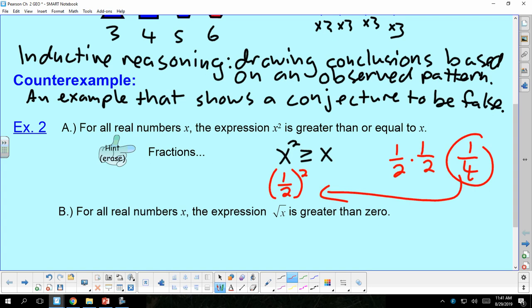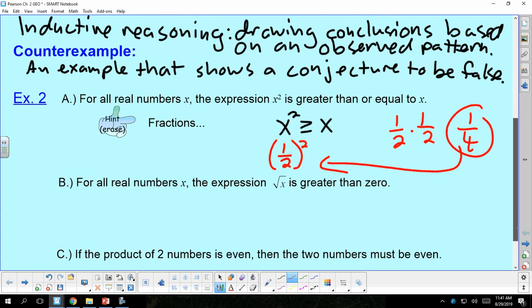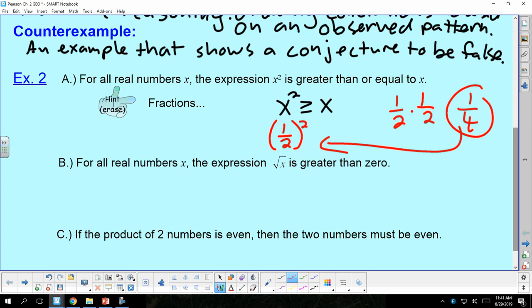What about for b? For all real numbers x, the expression the square root of x is greater than 0. What about the square root of 0?